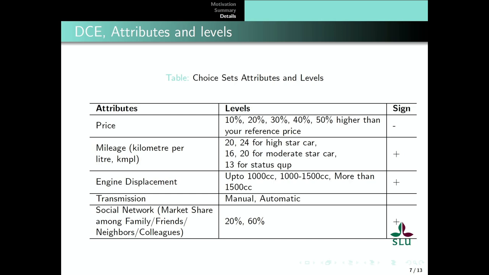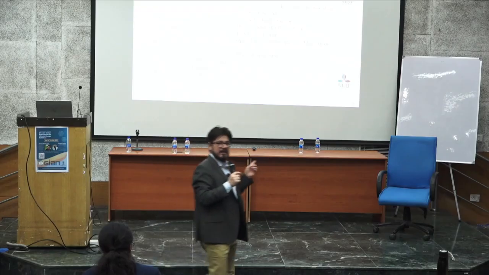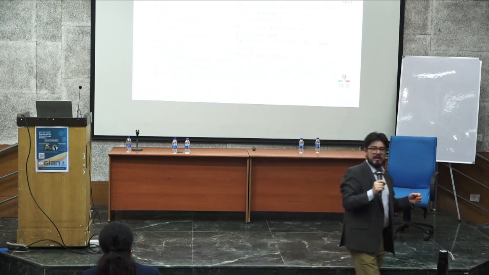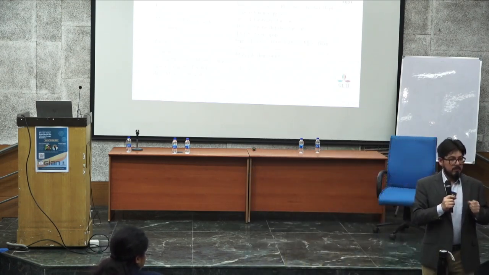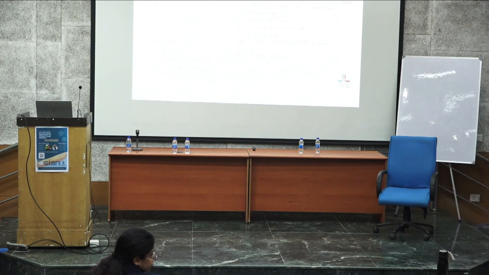But something I wanted to highlight is that this design is very unconventional in one aspect, which is, yes, you think you know. I think the number of levels are different for each attribute. That was not the case in the previous design.